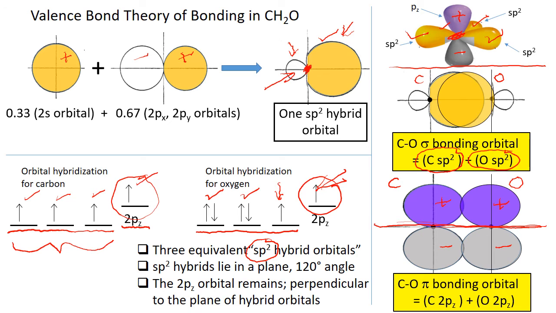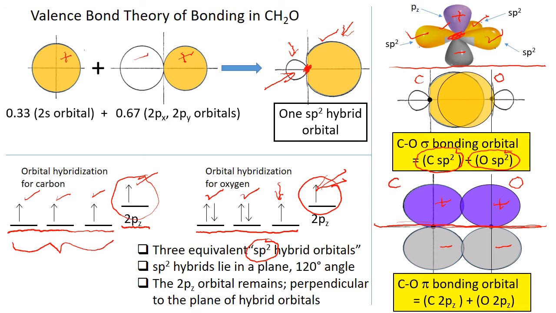So what happens is the two plus lobes come together to form part of my pi bond. This is the second bond in the CO double bond above the plane of the molecule, and the other lobe down below, where the two minus lobes together come to form the other lobe of my pi bond.